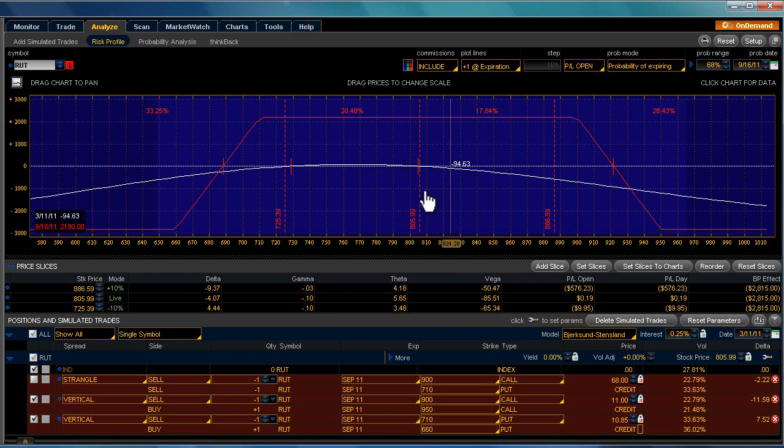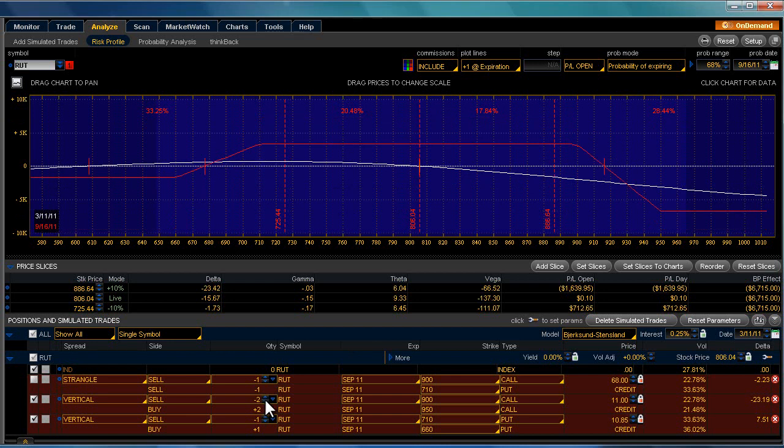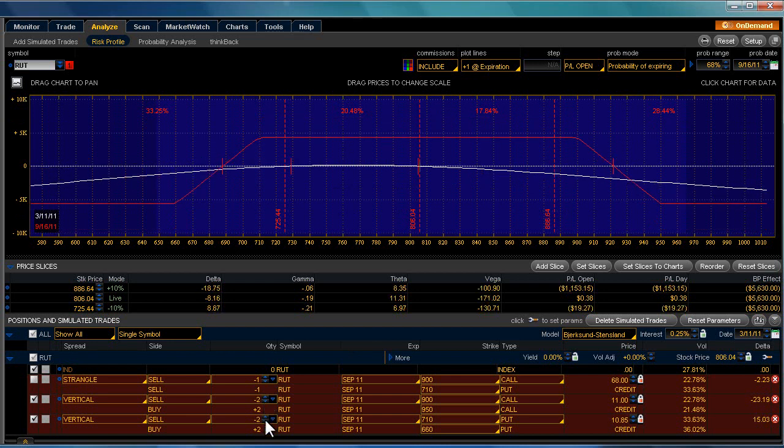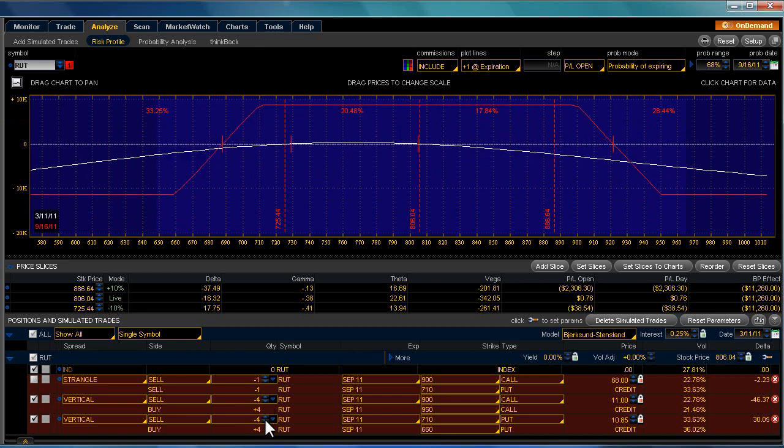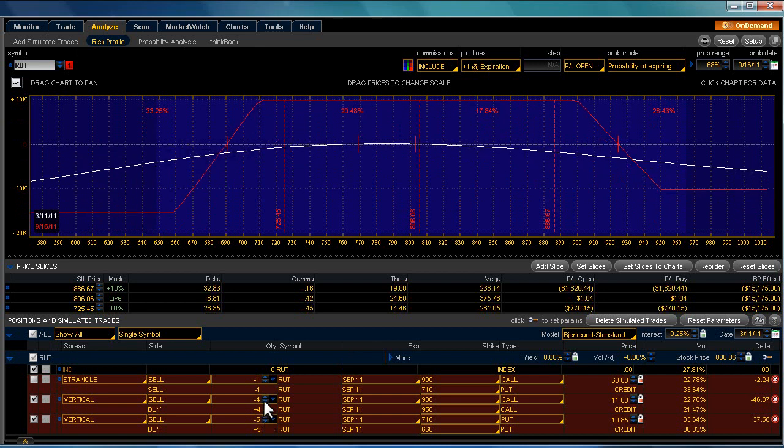All right, so what we have here is a similar trade. We have $2,800 at risk. We could pump this up to put as much at risk as Bruce has on his trade, which I think is around $14,000, by just increasing the number of credit spreads, or number of iron condors.